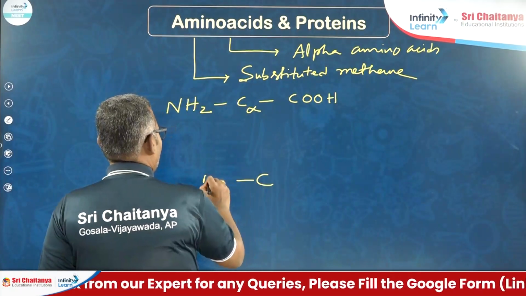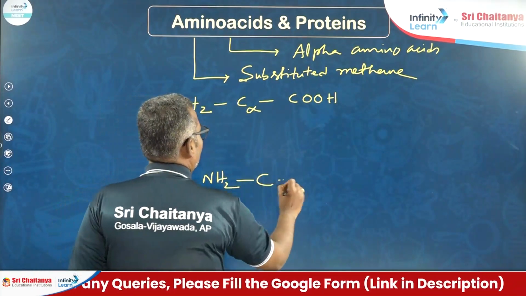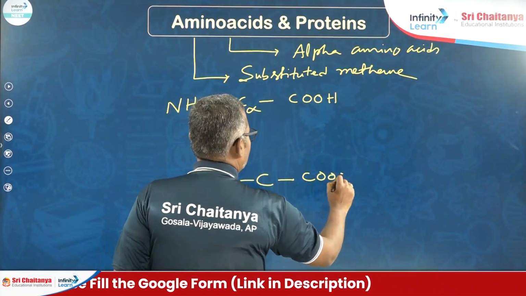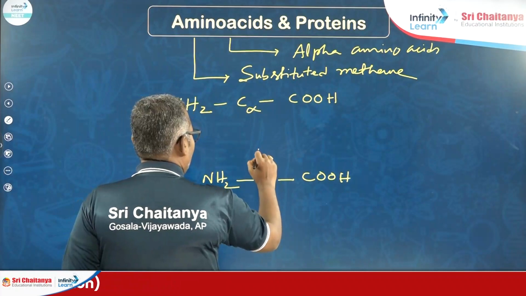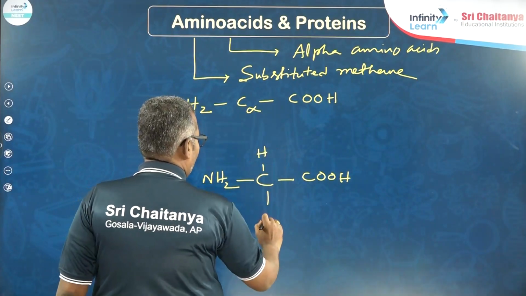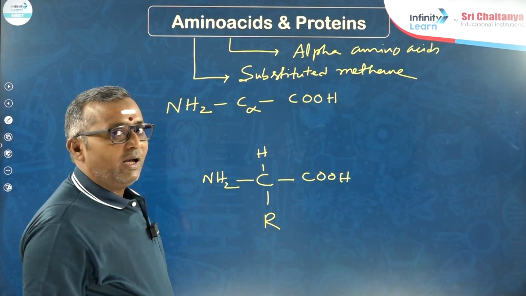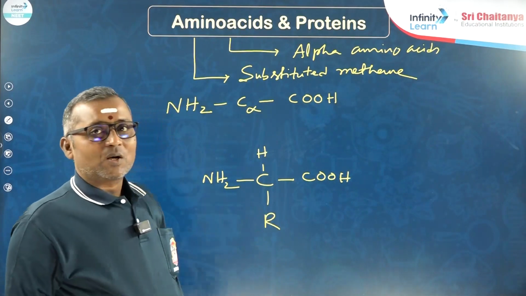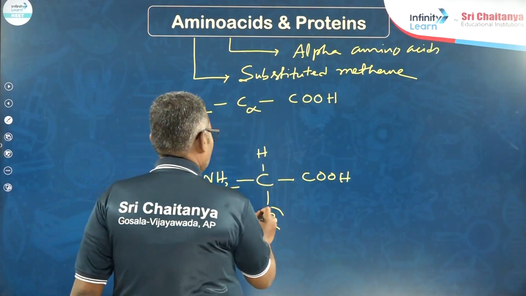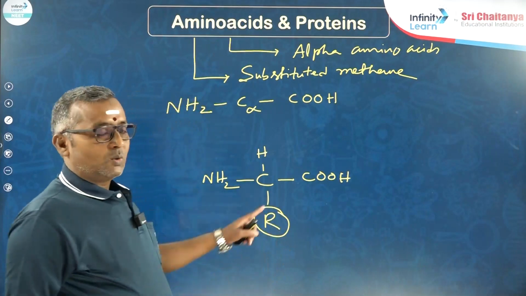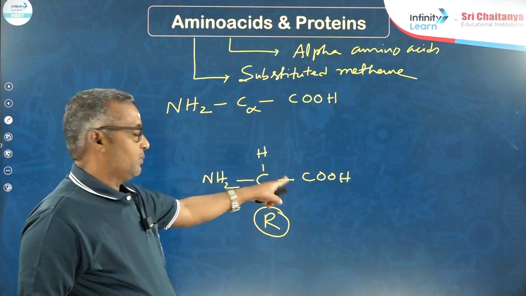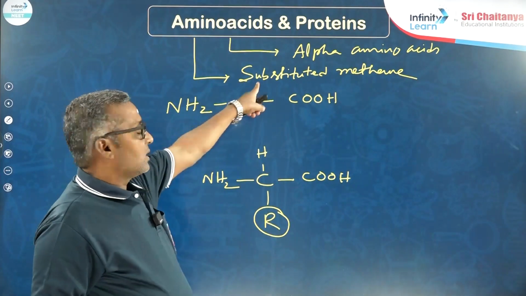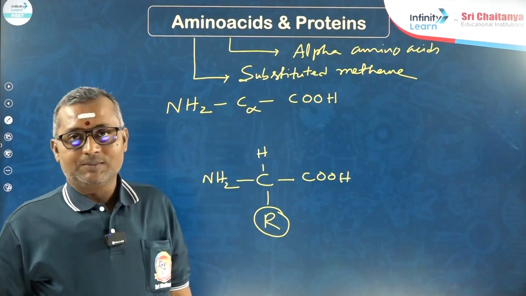There is one NH2 amino group, one carboxylic group, one hydrogen, and a variable group, otherwise called the R functional group. So, the 4 valencies of carbon are substituted by the 4 groups. Therefore, they are called substituted methanes.